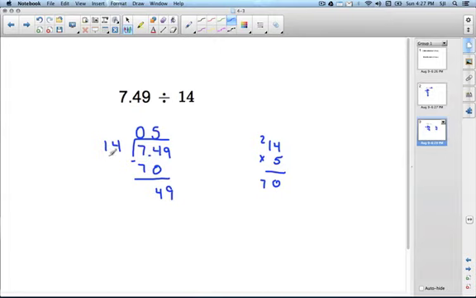Now we need to figure out how many times 14 goes into 49. Again, I'm going to estimate with the 15s. 15 times 2 is going to be 30, and 15 times 3 is going to be 45. And 45 is awfully close to 49, so that means I'm going to try 3. 14 times 3.